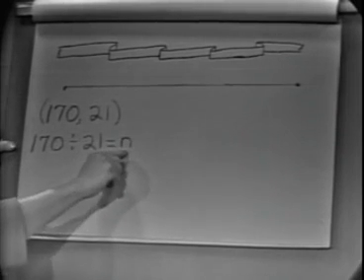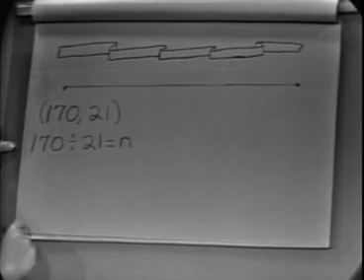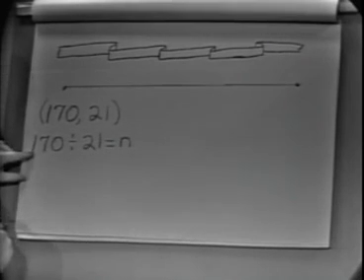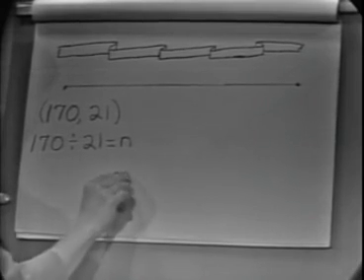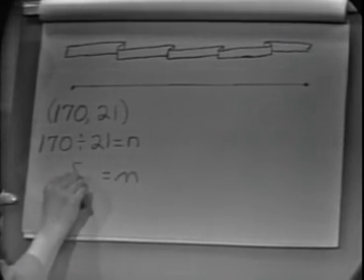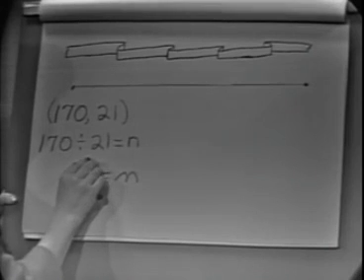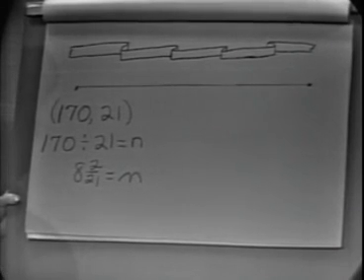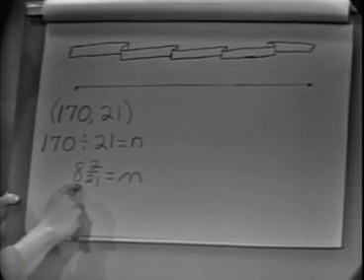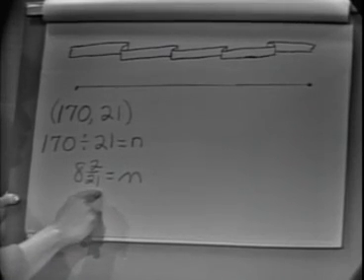The solution that we're looking for. If we perform the division indicated by this sentence, we would find that our number is 8 and 2/21. We could then say that each ribbon would have a measure of 8 and 2/21.